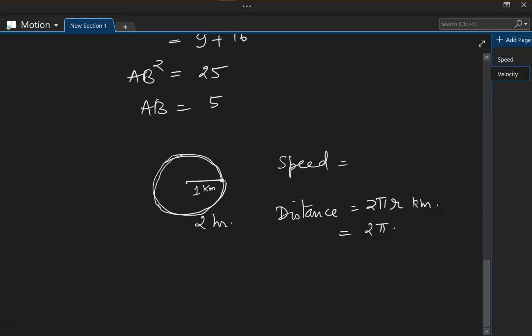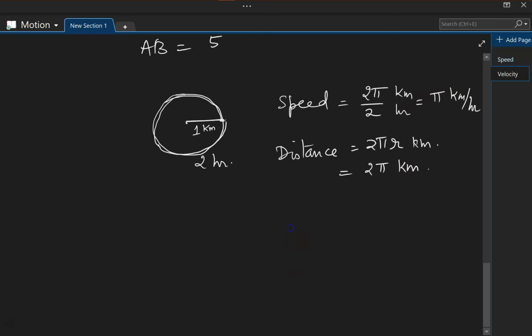So 2 pi times 1, so 2 pi kilometer. So speed would be what? Distance by time. So 2 pi by 2, which means it is going to be pi kilometers per hour. That is the speed.